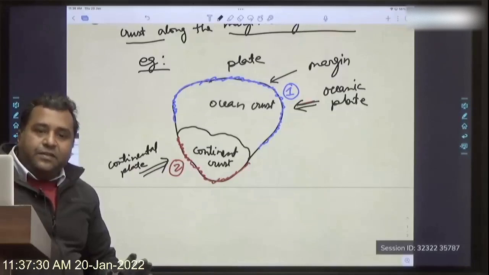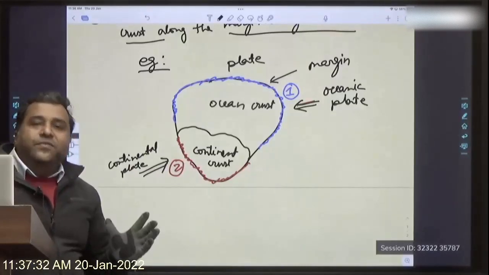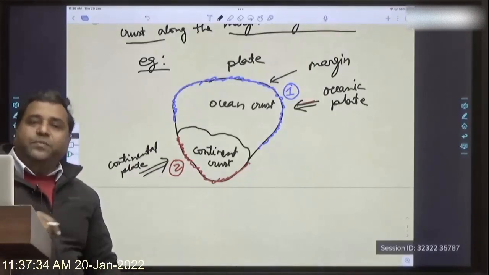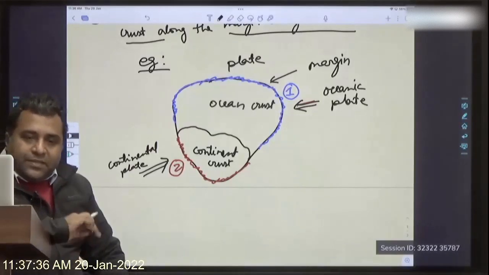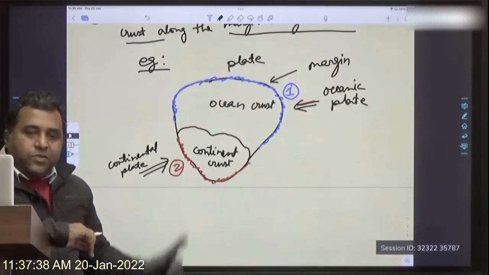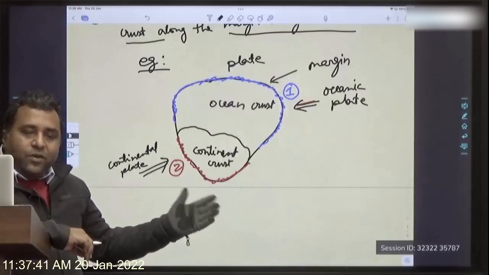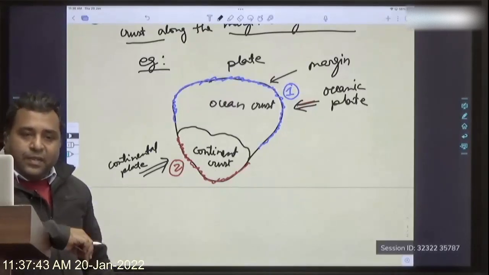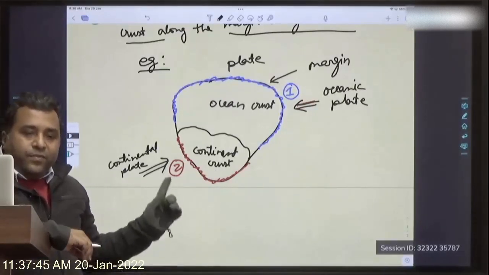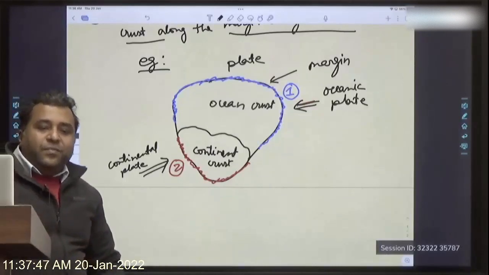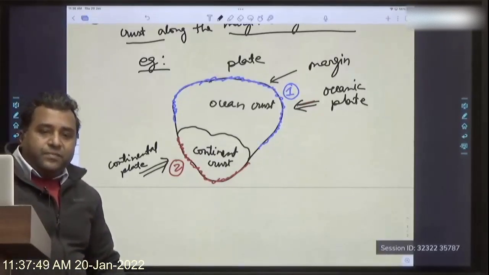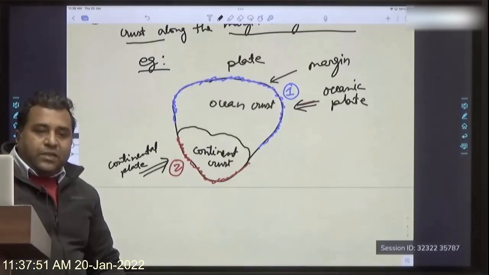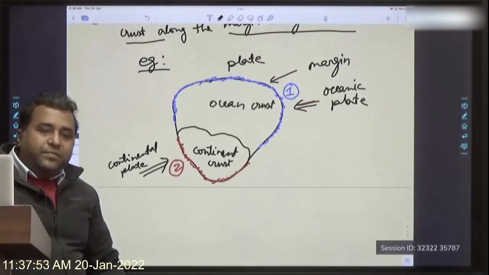Is this clear? Now I need this answer from you, because then I'm going to ask you a question. Is this much clear? So the same plate might become an oceanic plate or continental plate, depending on along which margin we are trying to see it. Yes. So what is the answer?